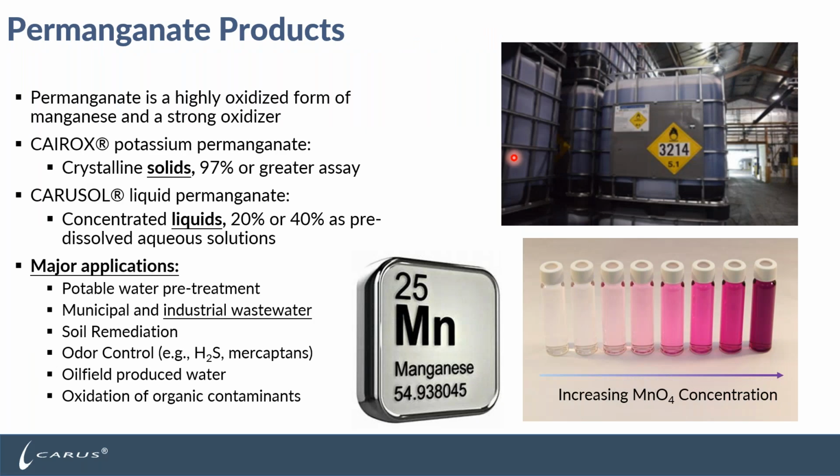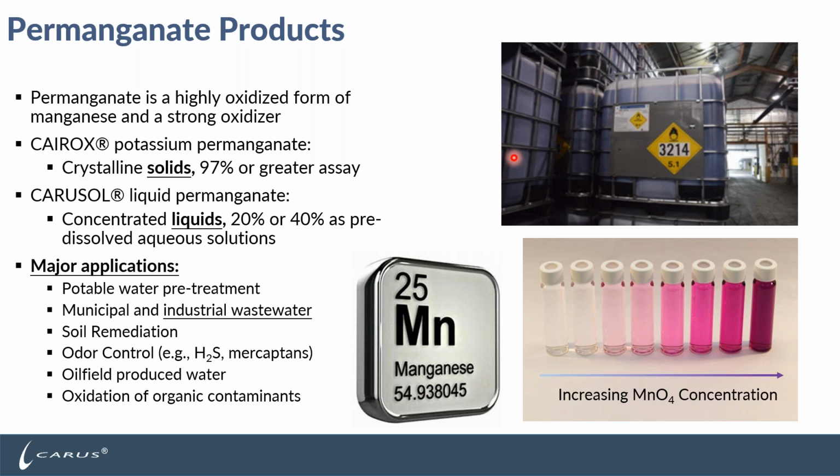So what is permanganate? In chemistry terms, permanganate is a highly oxidized form of manganese. This is a transition metal that's very similar to iron. The products at Carus are available in different physical forms and compositions. We have crystalline powders, which are more concentrated but have a lower water solubility.